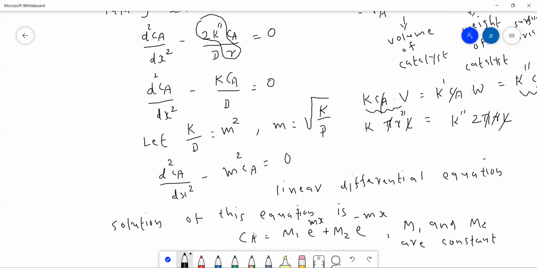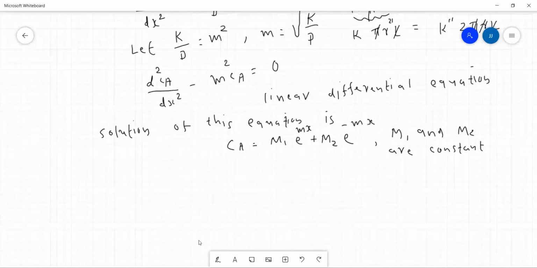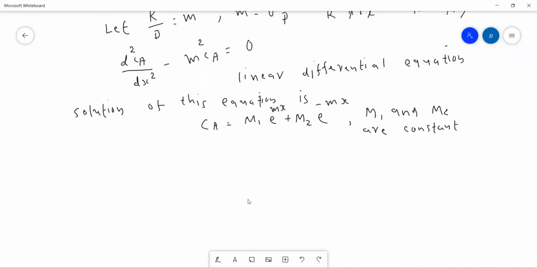To evaluate M1 and M2, we can substitute here, and then we can have the value of CA.